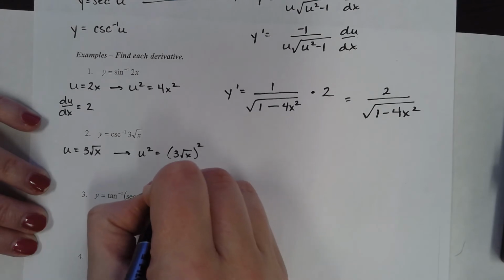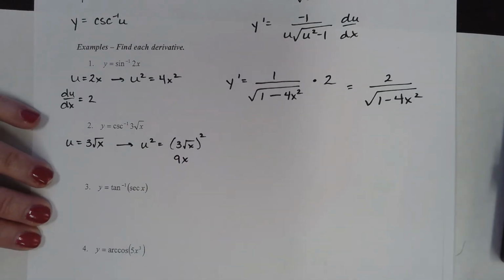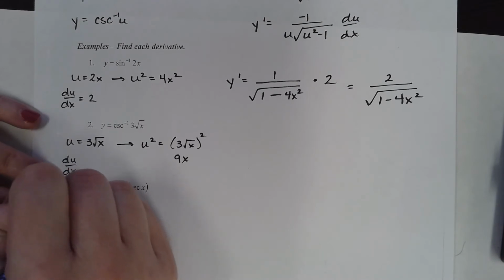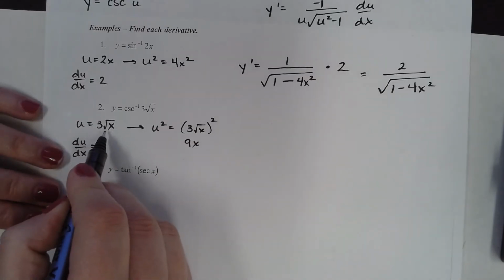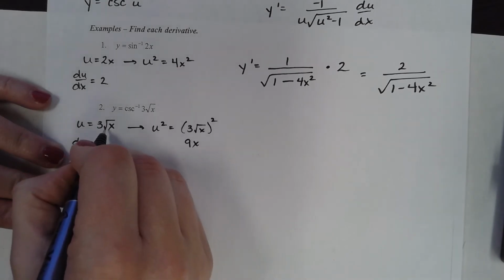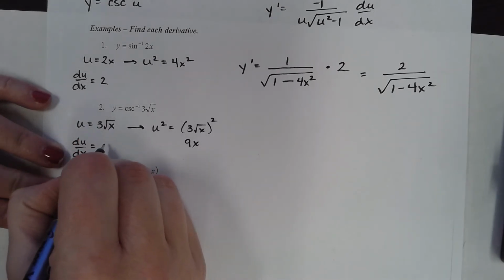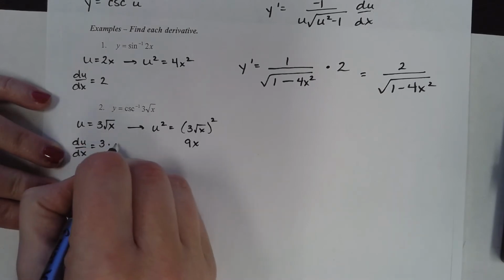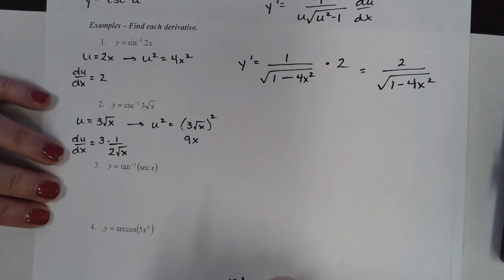So what does that turn into? 9x. Now I also need du dx, which is the derivative of this. Well, you have a coefficient, so that stays there, times the derivative of radical x, 1 over 2 radical x.